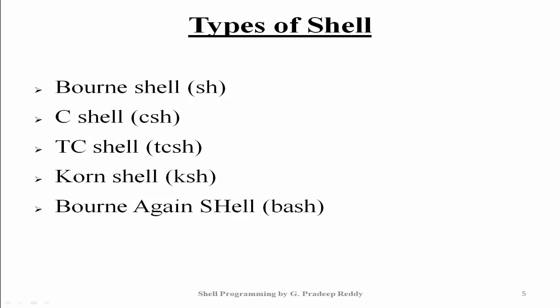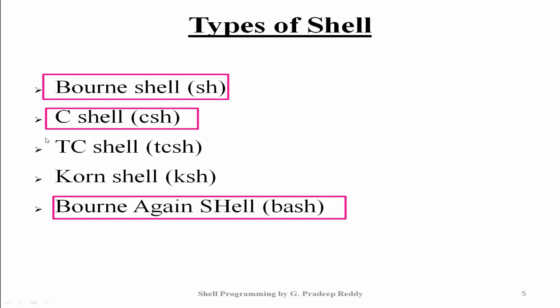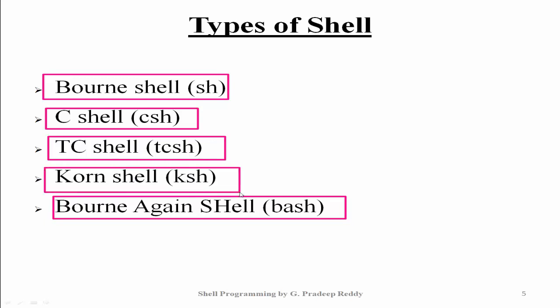There are different types of shells. The different types of shells are Bourne shell, Bourne Again shell which is bash, C shell, TC shell, and Korn shell. These are the different types of shells.